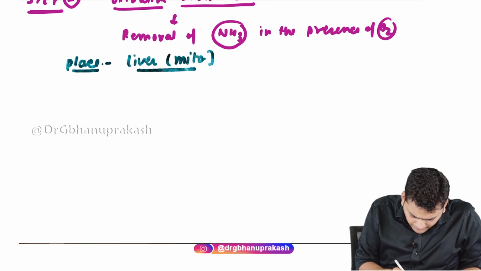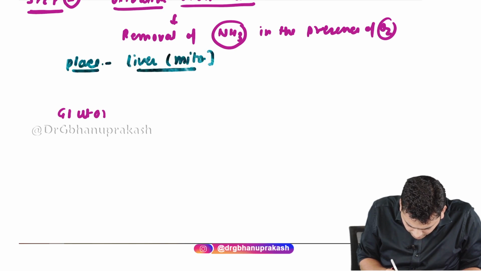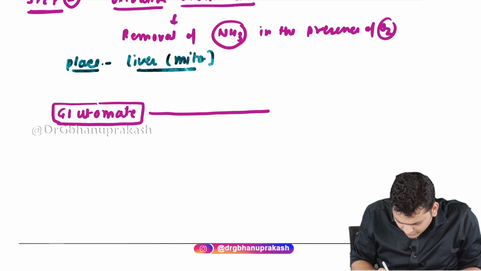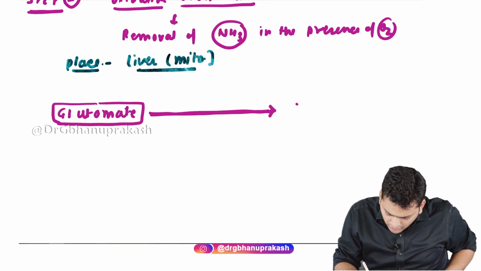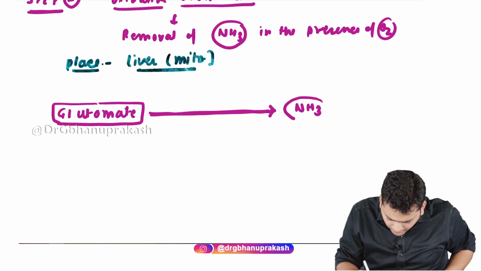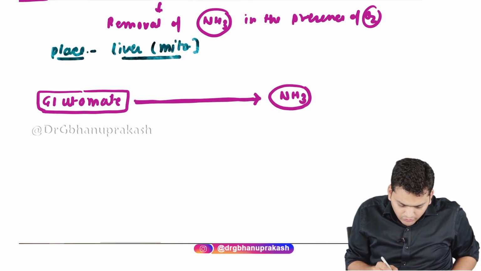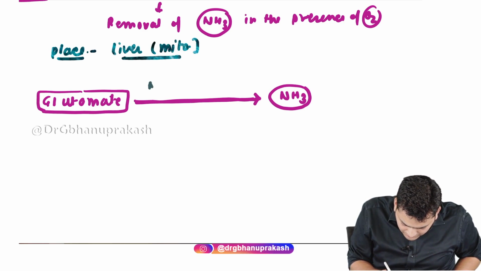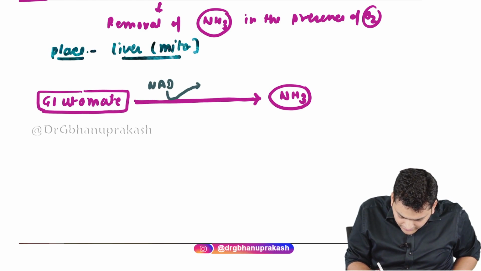Let's see the reaction part. The substrate is going to be glutamate, because glutamate was the product of the first reaction. We are trying to remove the ammonia from the glutamate. In this reaction, NAD comes into action and converts into NADH.